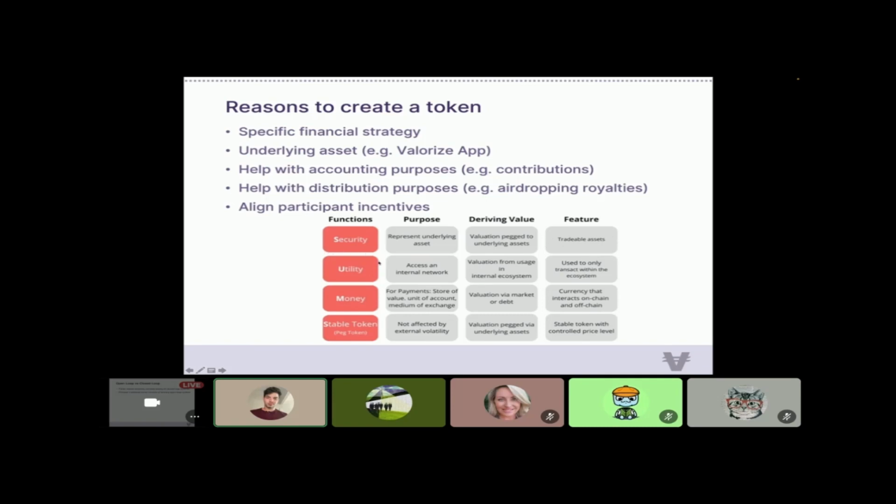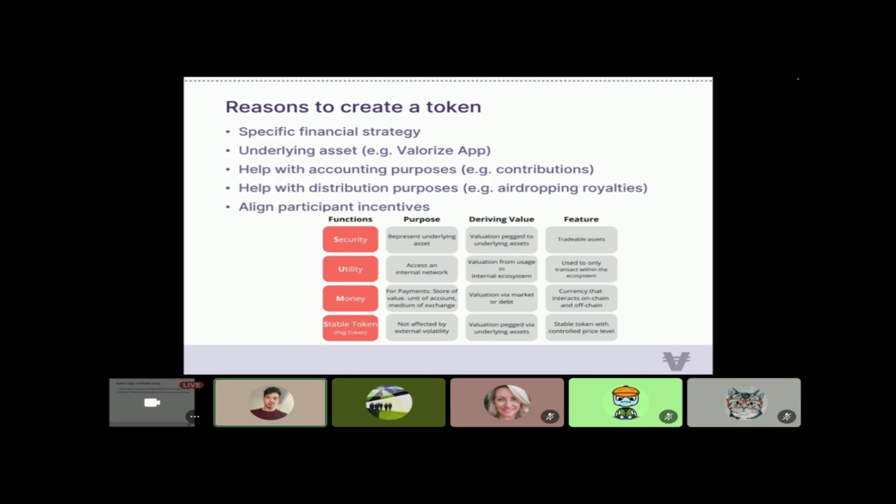If we look at utility, it means that it's useful for something, and it gives access to this internal network. It gets its valuation from usage in this internal ecosystem, and it can be used for transactions within the ecosystem. If we look at money, it can be used for payments.